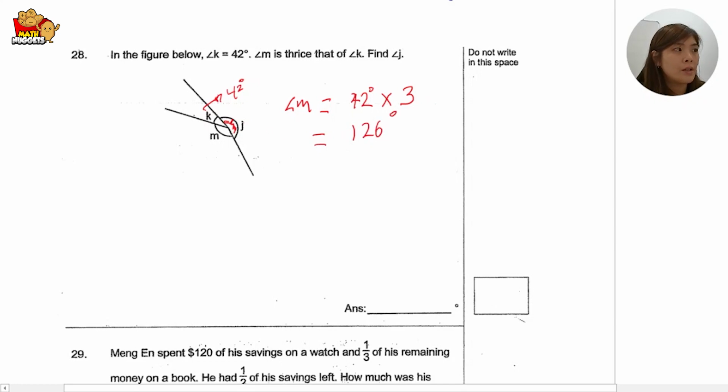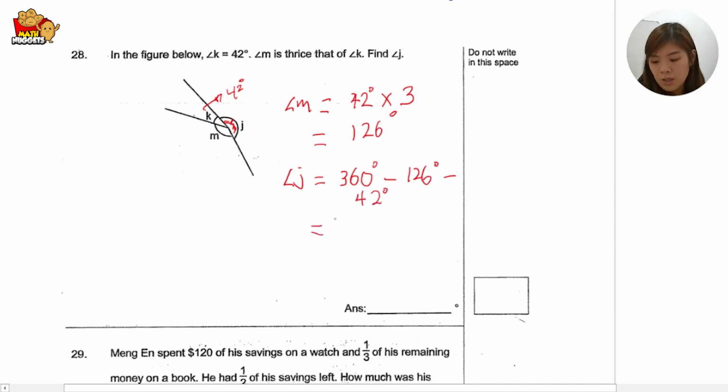Okay, all of the angles are in this, so we take angle J is equivalent to 360 degrees minus 126 degrees, angle M, minus 42 degrees.